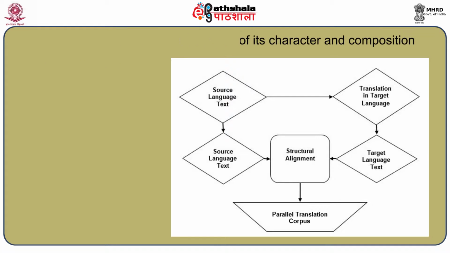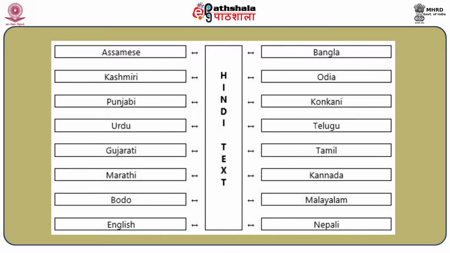In these two projects, a new strategy is adopted where Hindi is treated as the source language and 17 other Indian languages are treated as target languages, and texts are translated in all 17 languages. So, after the completion of the project, we get a good parallel translation corpus.